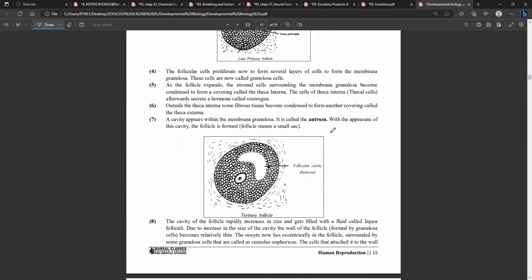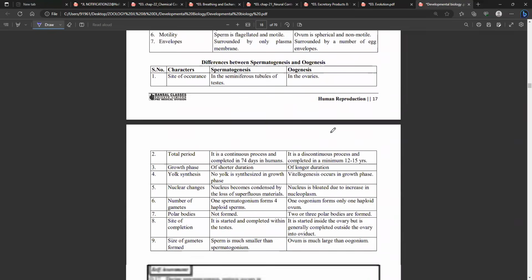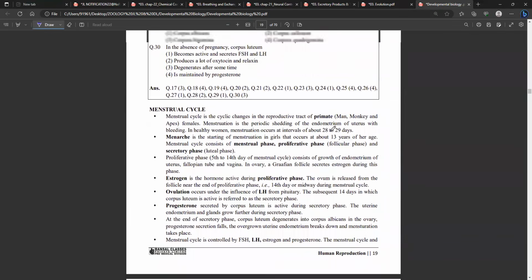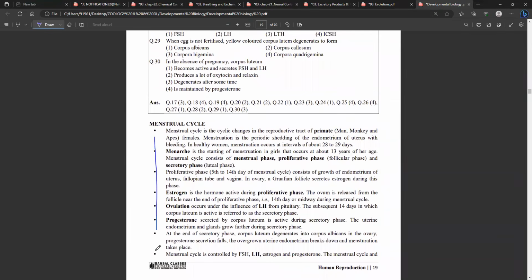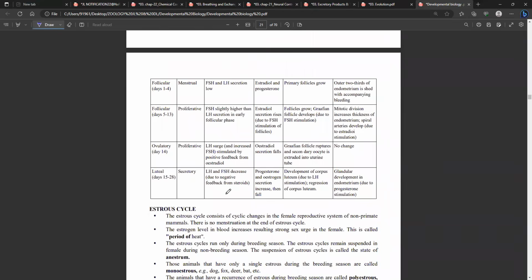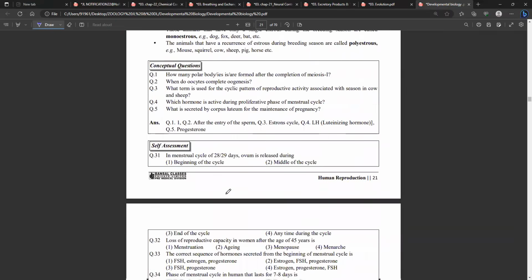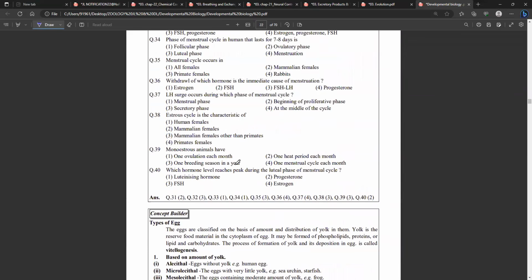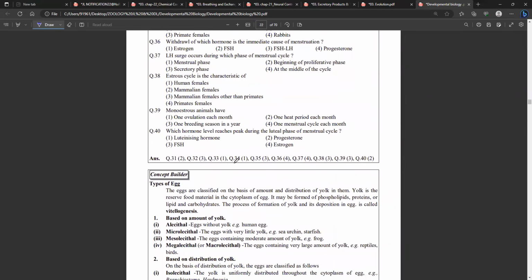And when you are reading about the egg, especially focus on the hormones involved, especially for the exam. All the hormones: estrogen, progesterone, follicle stimulating hormone, luteinizing hormone, gonadotropin releasing hormone. They are extremely important for the exam, right? Then check your previous question papers also.